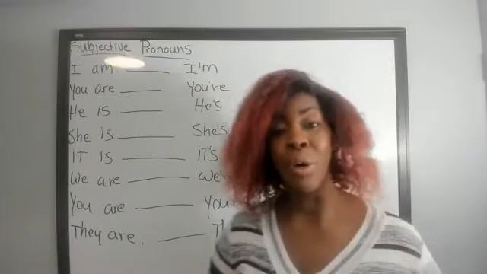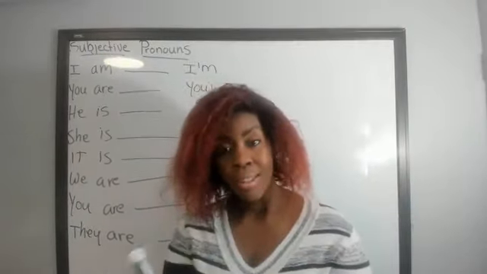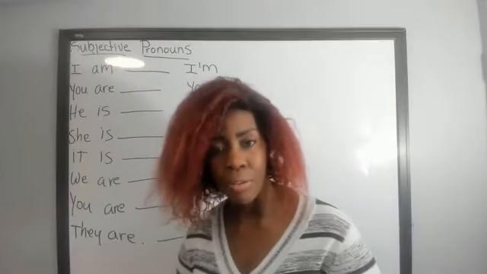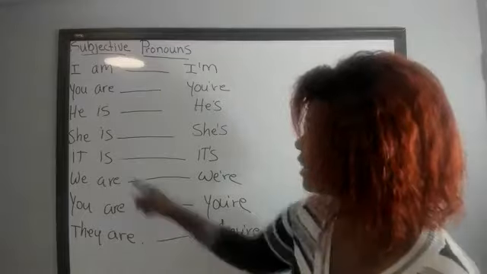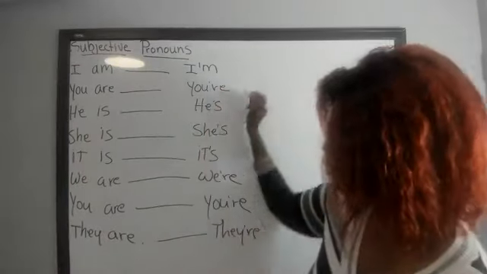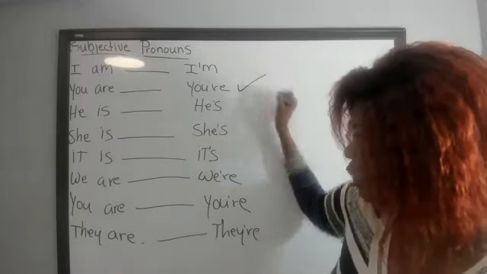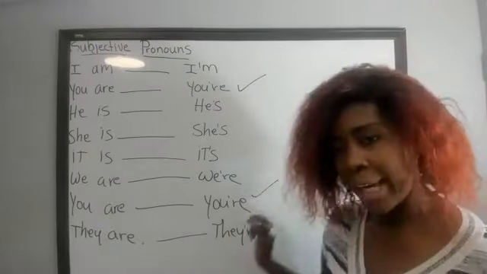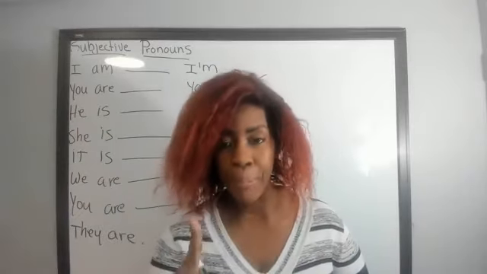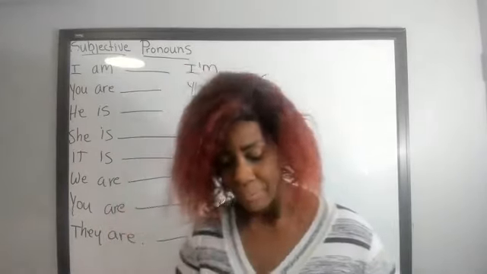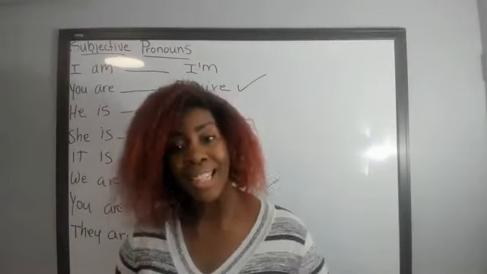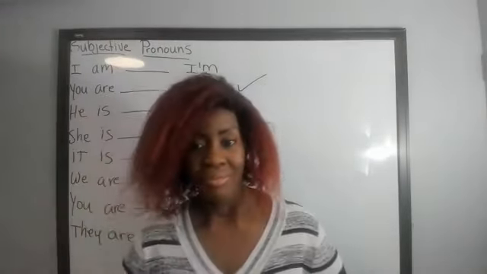If I'm talking about you all over here, this is the second person plural, okay? Now, right here, this is the second person singular. What is the difference between this you and that you? When I use this you, I'm talking about one person in front of me. If I'm talking to Lanier, I will say, Lanier, you are nice.